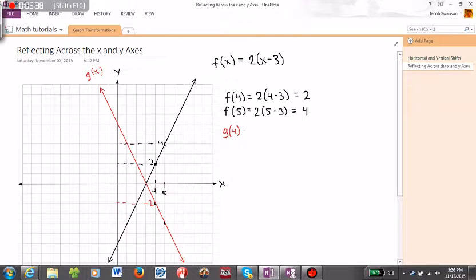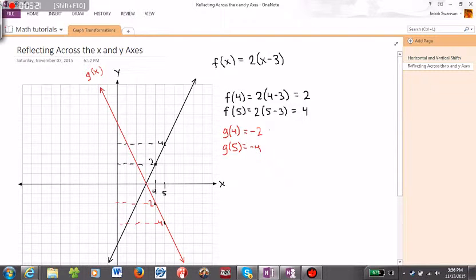So we know that g of 4 needs to equal -2, and g of 5 will equal -4. We notice that f of 5 is 4 and g of 5 is -4, so all we have to do is multiply the whole thing by -1.